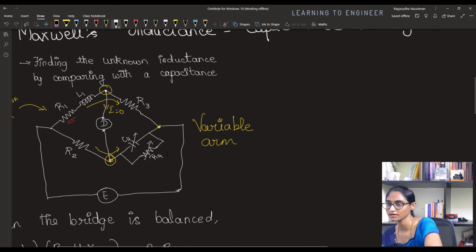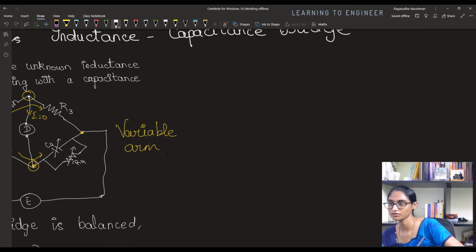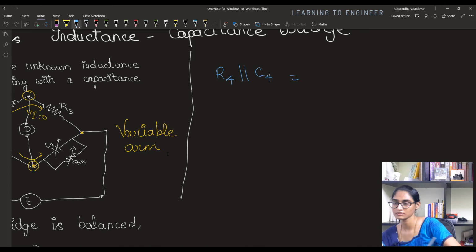Let me find R4 parallel with Xc4 separately. R4 parallel with C4 is equal to R4 into 1 divided by j omega C4.